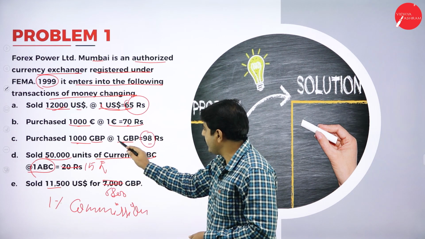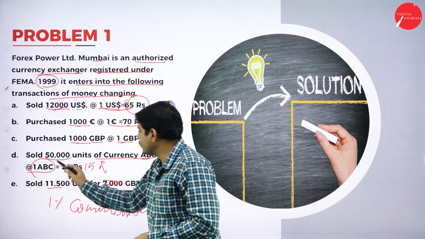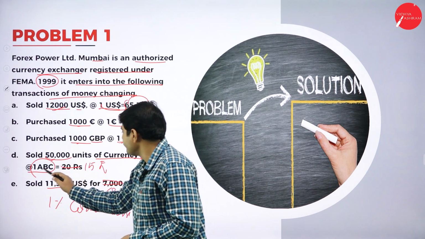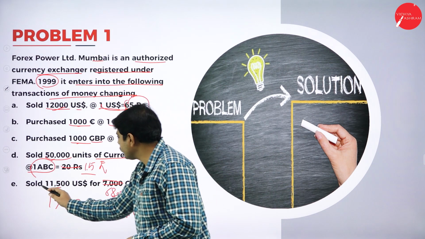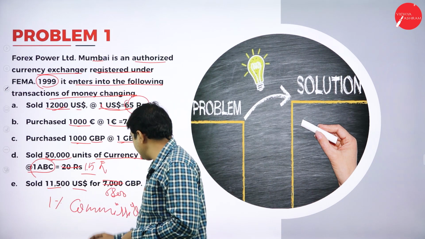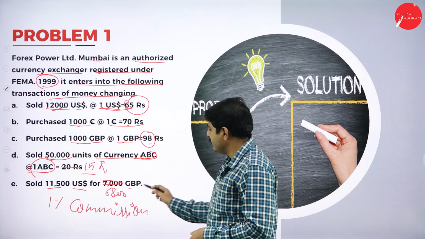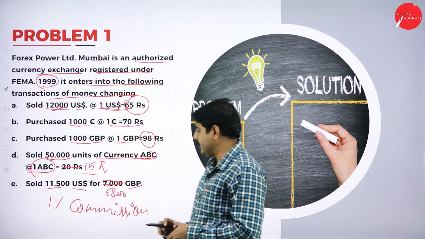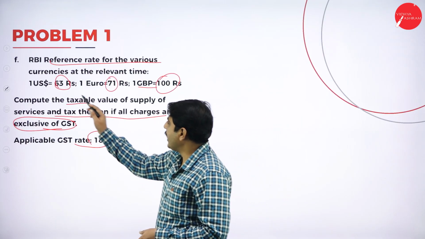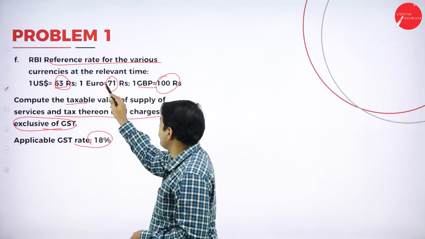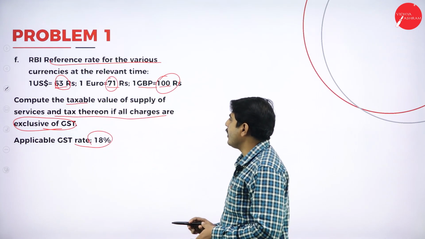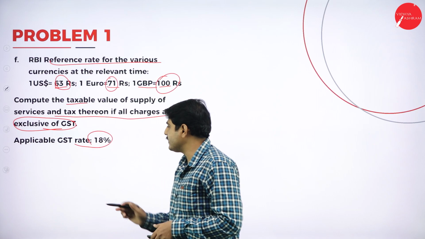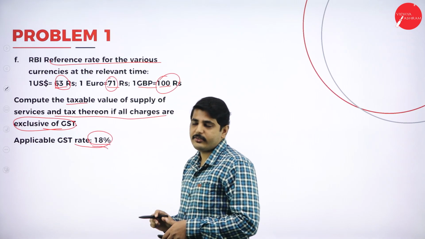For 1 GBP it is 98 rupees, and it sold 50,000 units of ABC currency, 1 ABC equals 15 rupees, and it sold 11,500 USD for 6,800 GBP. It is also charging 1% commission for selling the currency. This is the problem. The actual RBI rate is 63 rupees, euro 71 rupees and GBP 100 rupees. What is the actual value of the supply of service? The GST rate of the service is 18%.